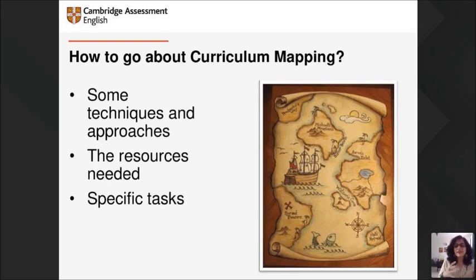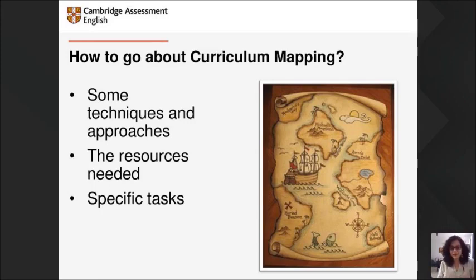Now, since we have seen the what and the why of curriculum mapping, let's go to the how. How do we go about curriculum mapping? In this, we'll be looking at some techniques and approaches to mapping the curriculum.